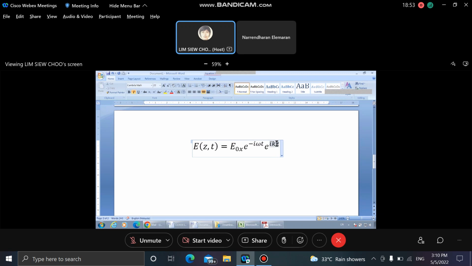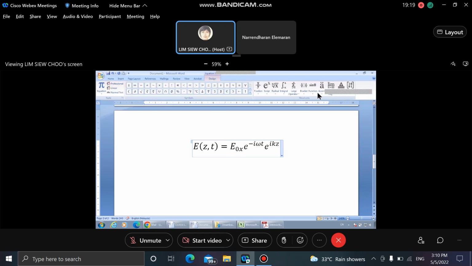Okay, z is the direction of propagation of the wave, and then this is the polarization. The electric field is perpendicular to the direction. So x is perpendicular to z. Okay, so this one actually is x. You can use x hat or i hat.